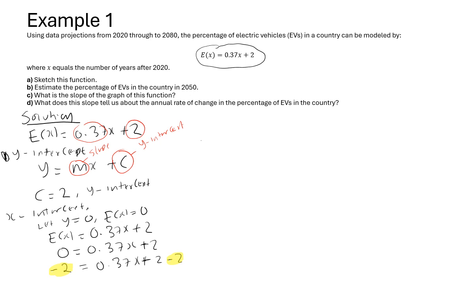Then we have minus 2 is equal to 0.37x. 2 minus 2 is just 0.